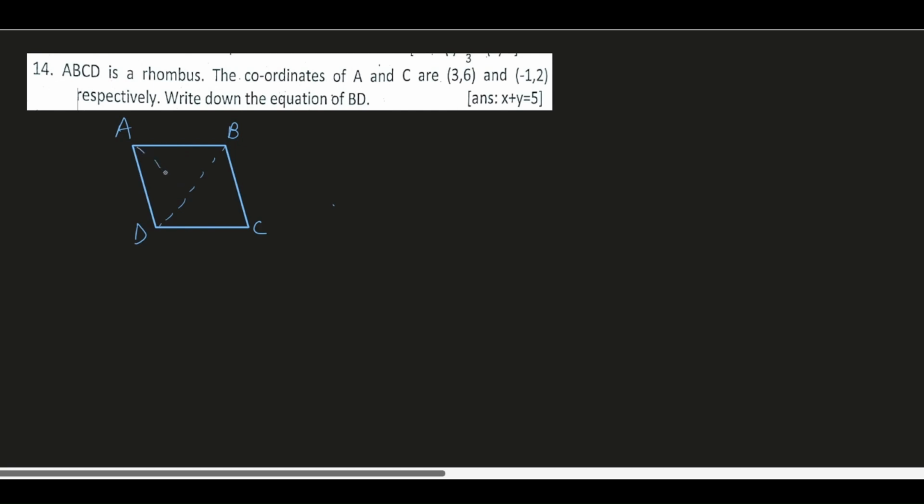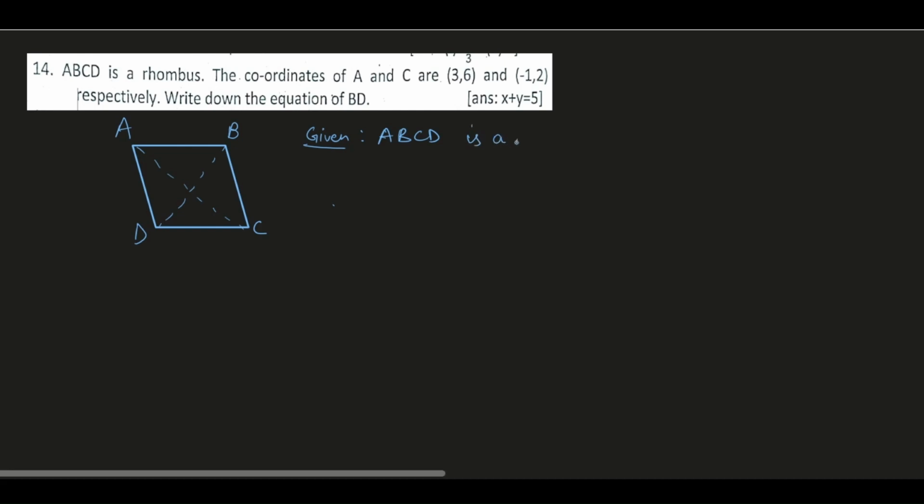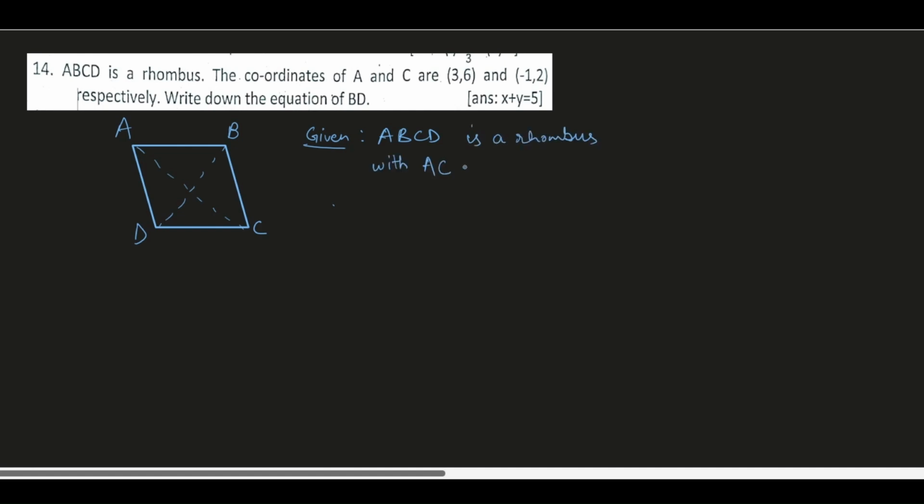BD and AC are diagonals. So given here is ABCD is a rhombus with AC and BD as diagonals.